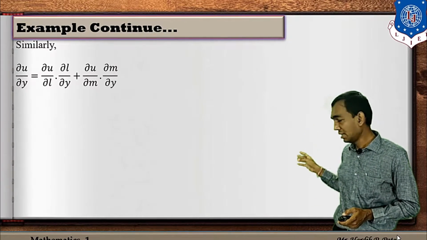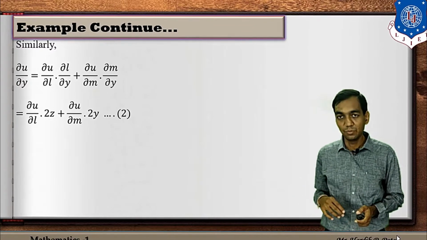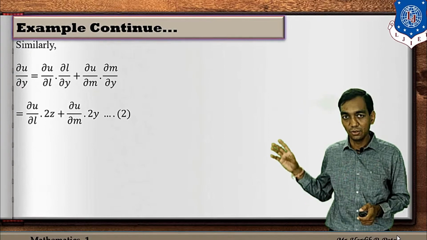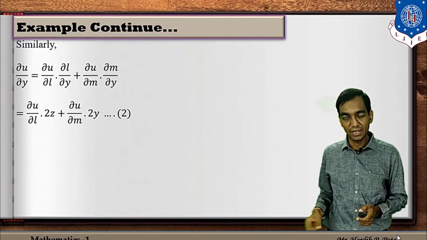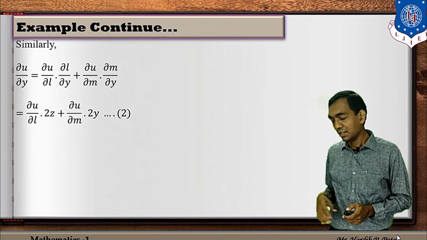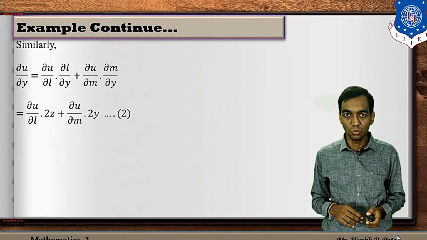In the same manner del u upon del y is del u by del L into del L by del y plus del u by del M into del M by del y, and del L by del y has a value 2z, del M by del y has a value 2y. So your equation is reducing to the form of del u by del L into 2z plus del u by del M into 2y.